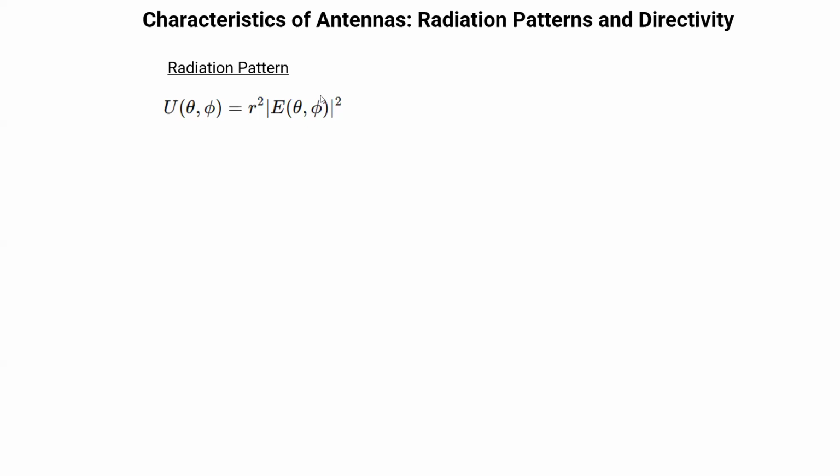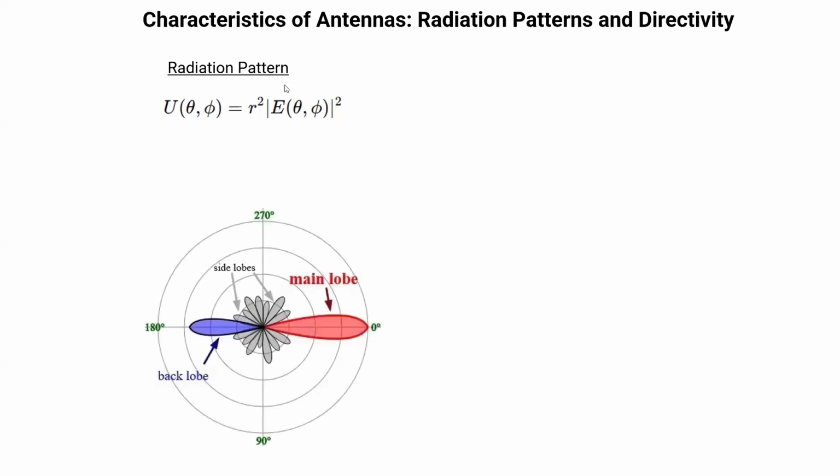So the square is proportional to 1 over r squared, and multiplying by r squared simply means that I get rid of the dependence on the distance, and the function defined this way is proportional to the radiated power density in the specific direction denoted by theta and phi, right? And doesn't depend on the distance.